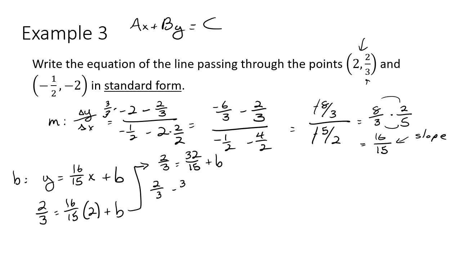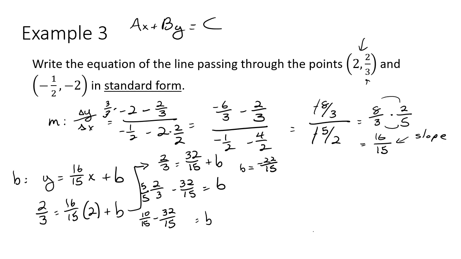I'm going to subtract 32/15 to move it across to the other side. And now I need to get a common denominator by multiplying by 5/5. And so b is going to be 10/15 minus 32/15, or a negative 22/15.